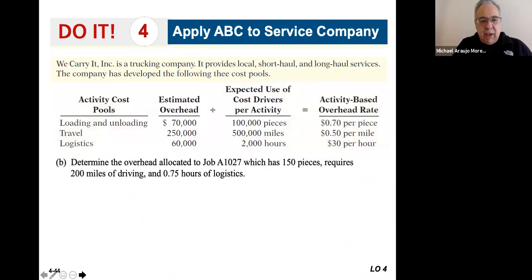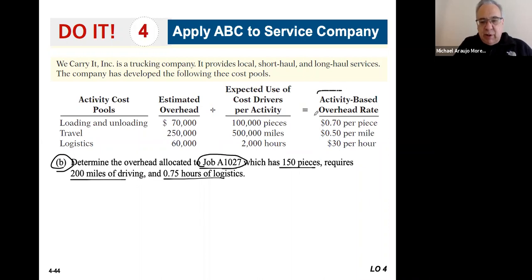So let's say they have this job in which they moved 150 pieces for 200 miles, and it required 3/4 of an hour, 0.75, which is basically 45 minutes, for logistics. What's the overhead that's going to be allocated to this job?